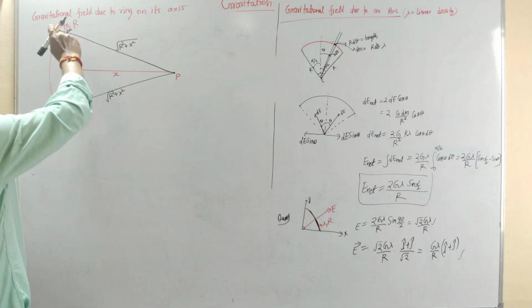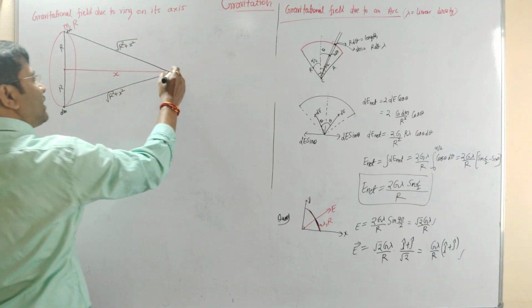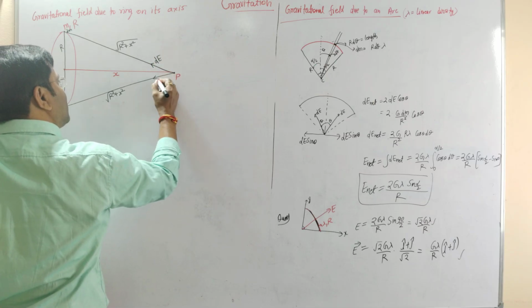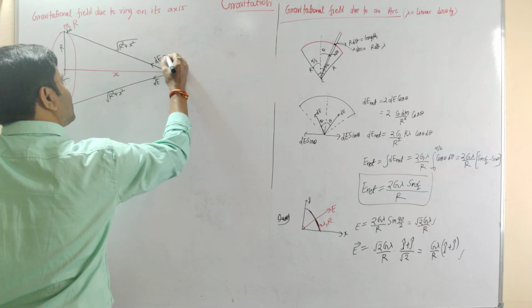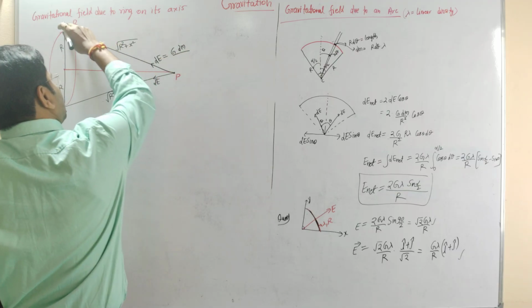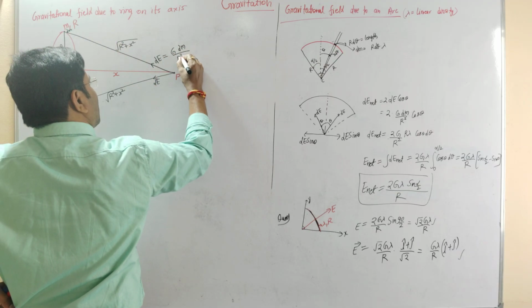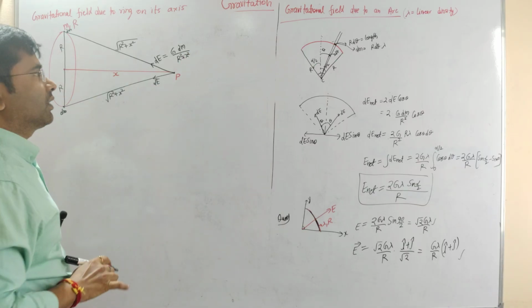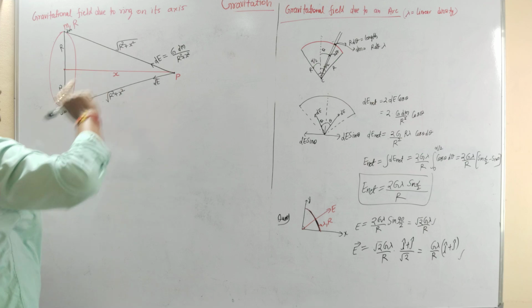So let me calculate the field due to this point mass dm at this point. So this field will be dE. What would this dE be? G into dm upon what is the distance here? Root of r square plus x square, so squared it will be only r square plus x square. Distance squared, so this will be this much.